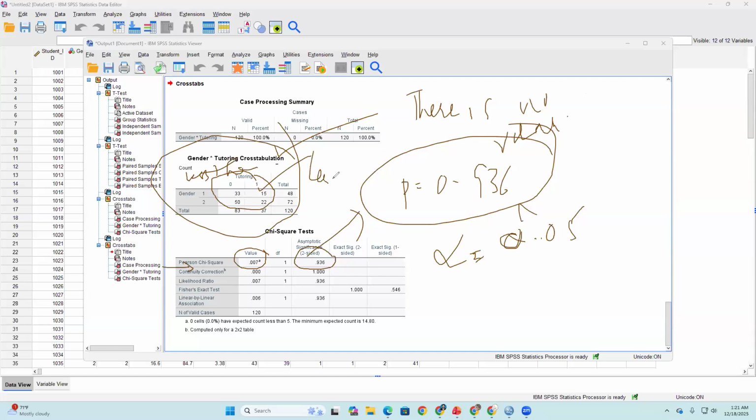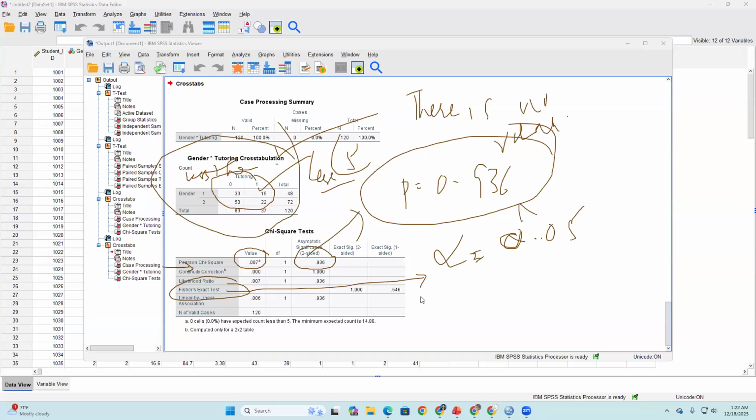If there is a value less than 5, then we will consider the p-value of the Fisher exact test. Is my point clear? In what cases are you going to consider the Pearson chi-square value, and in what cases the p-value of the Fisher exact test?